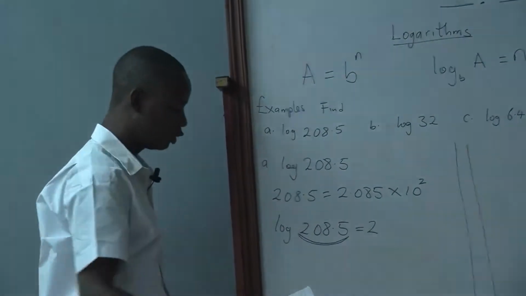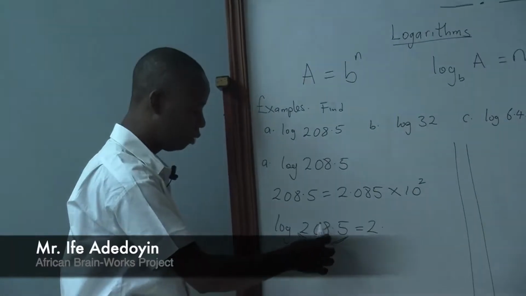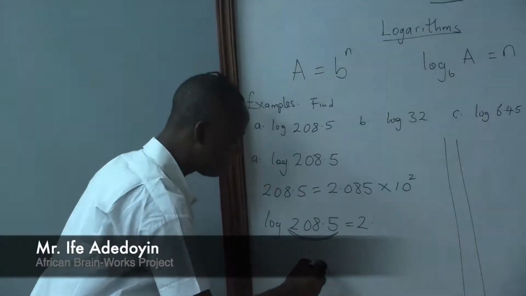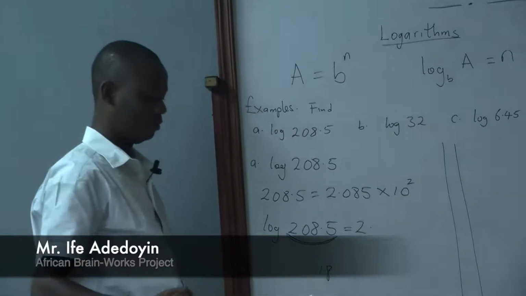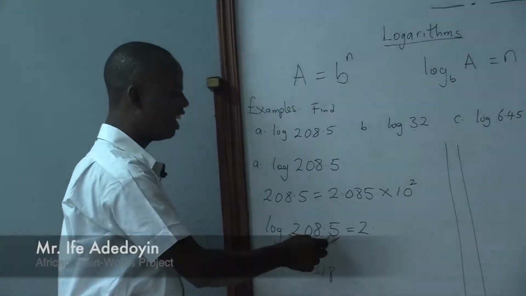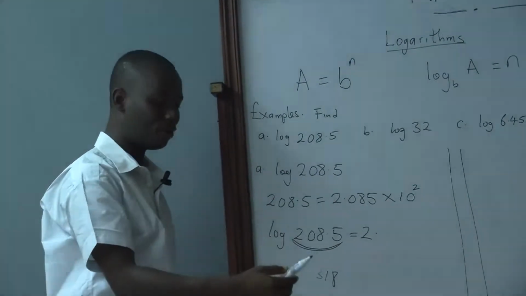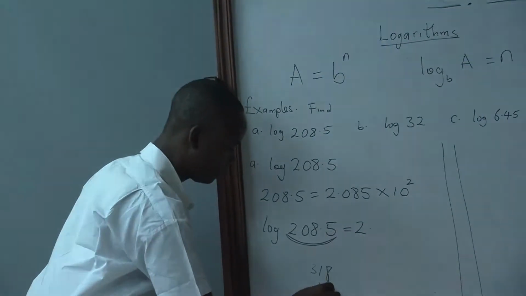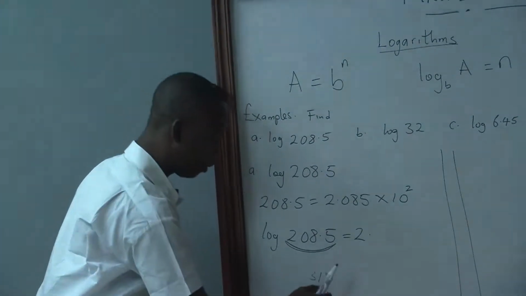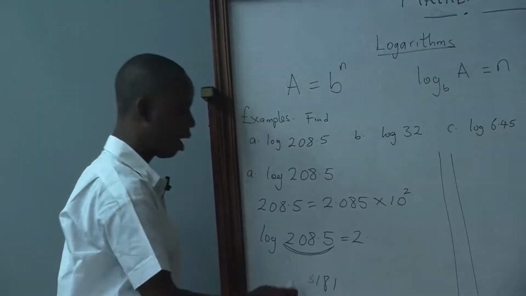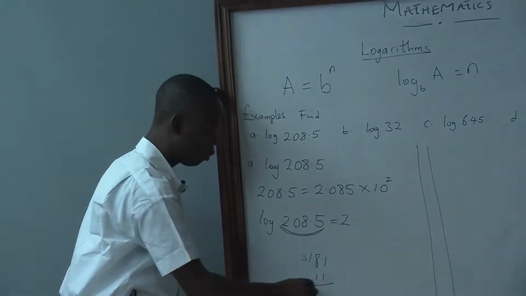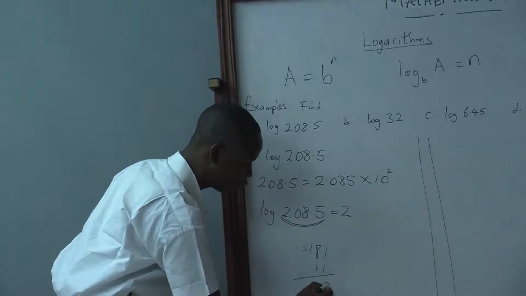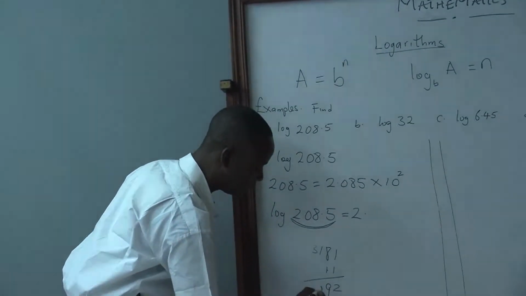In this situation, in column 20, row 8, we have 3181, and in row 5, under the differences, we have 11. So we add these two together, and that will give us 3192.